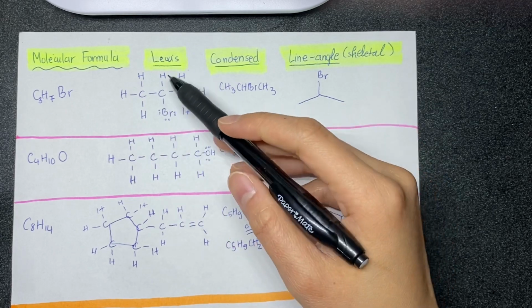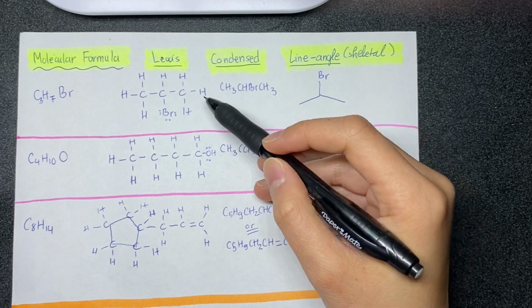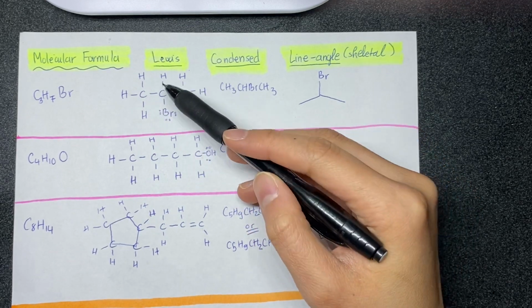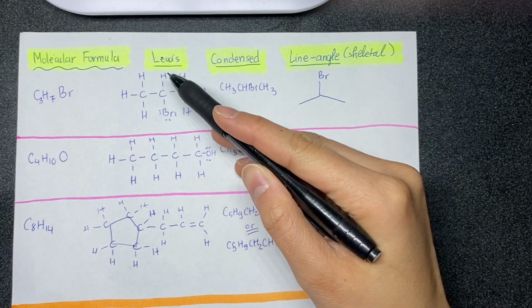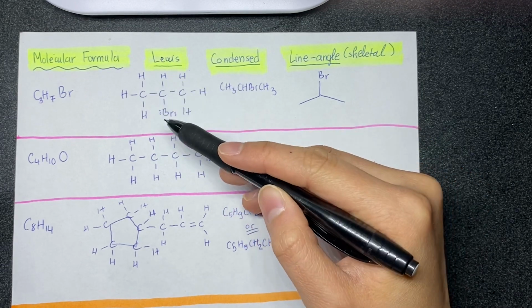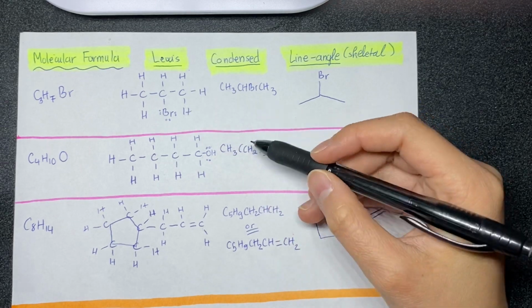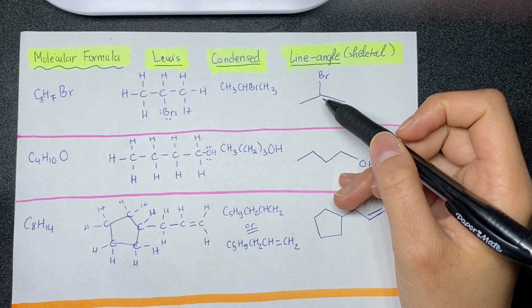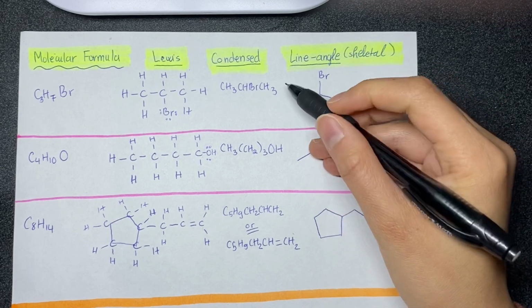So if you were to condense the entire thing down, it would look like this. You have CH3, CHBr here, and then another CH3 at the end. And if you were to draw your line angle structure, it would look like this, like we talked about before.